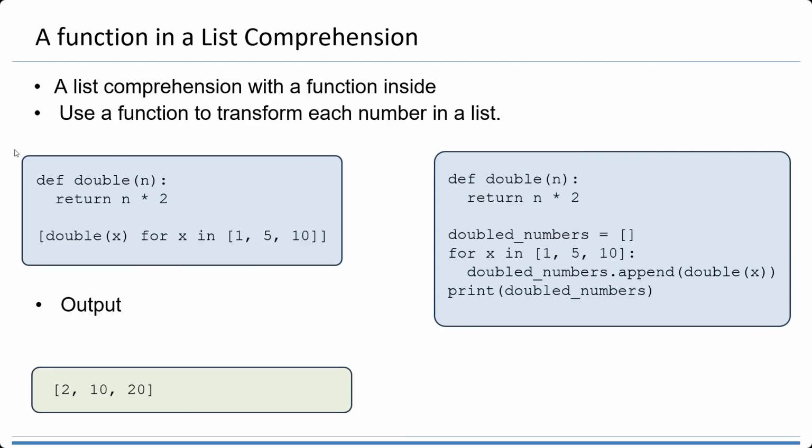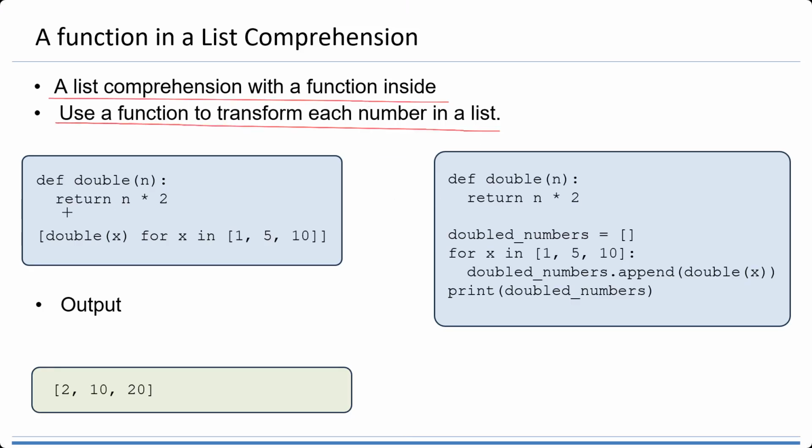Now, if I have a function, how can we deal with it? So, a list comprehension with a function inside means we can use a function to do something. For example, use a function to transform each number in a list.